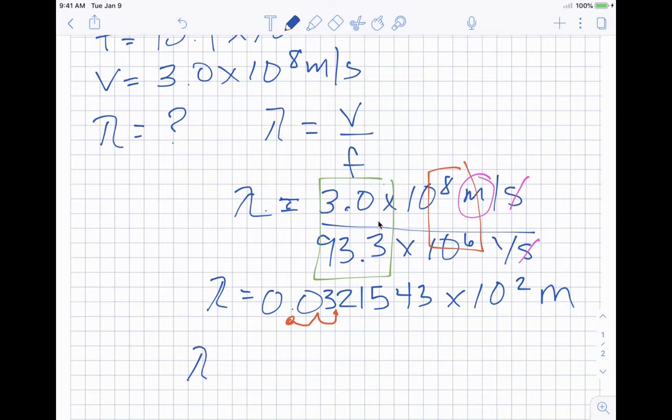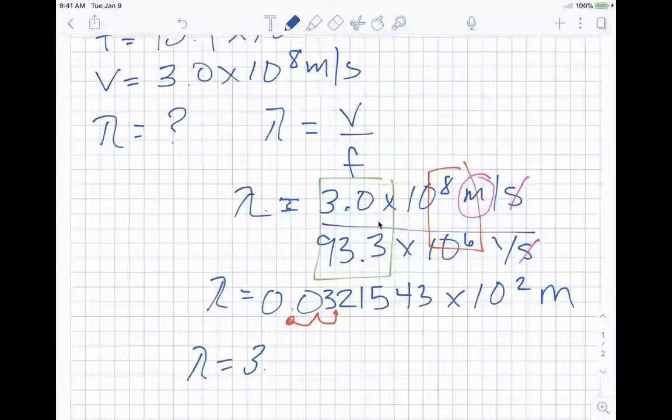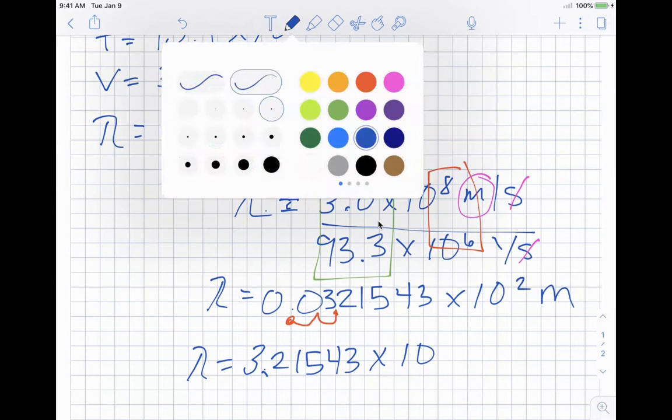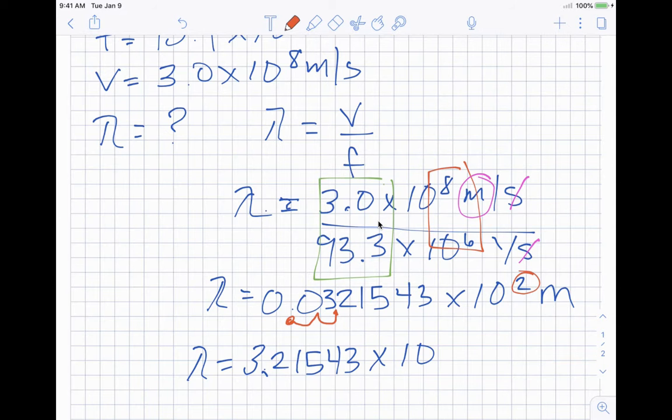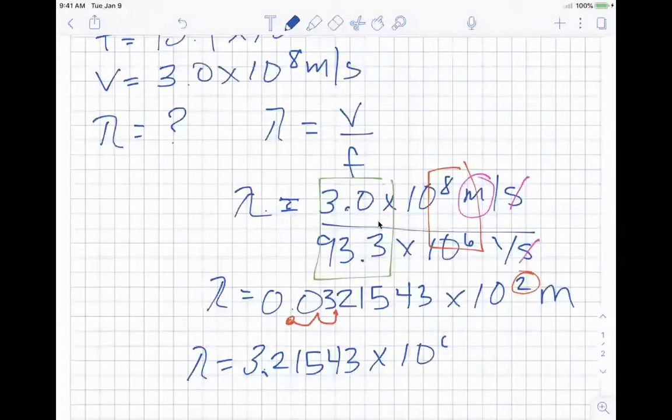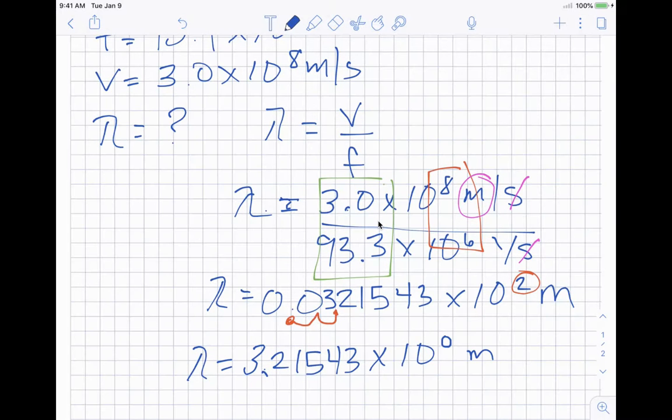So that's going to give me a wavelength of 3.21543 times 10 to this. So I had a 2 in my exponent's location right here, but I moved my decimal over 2 times, so that 2 now becomes a 0 because I moved it over twice. 0 meters.